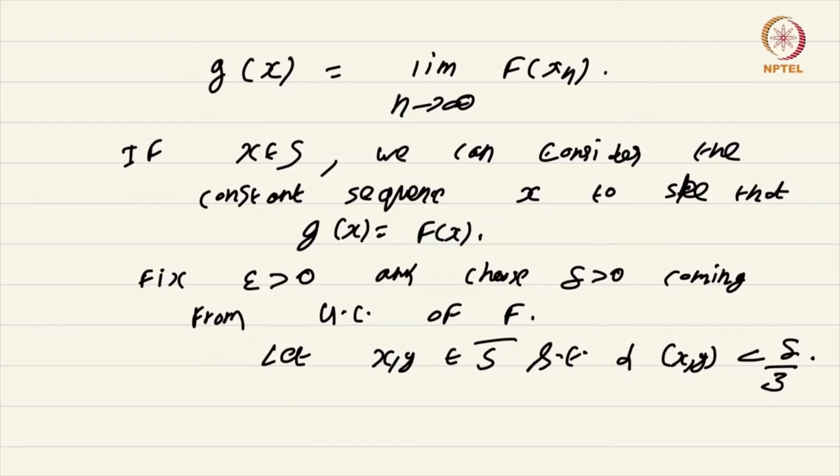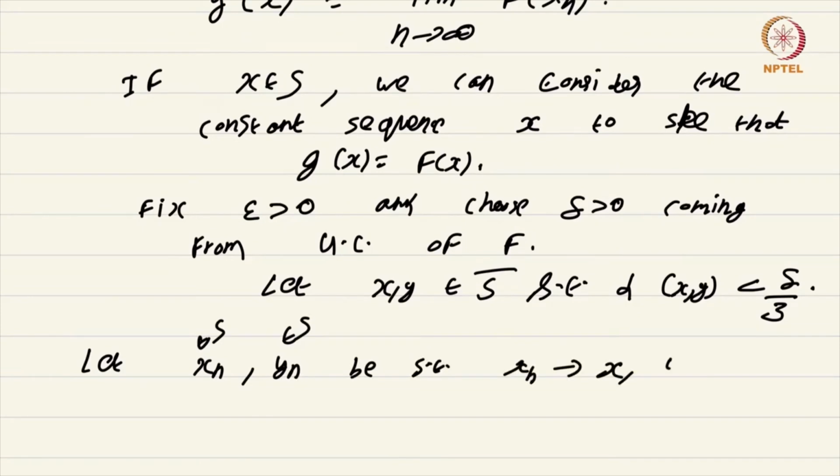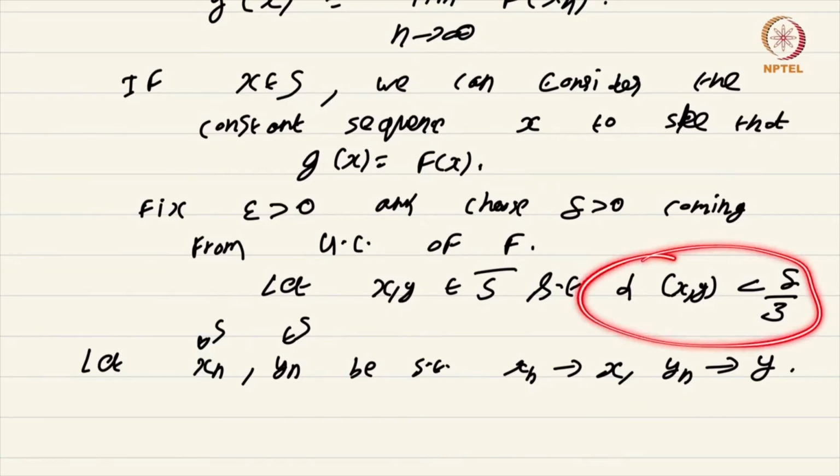This is a standard argument that should be familiar to you by now. Anyway, let's run through the argument quickly once more. Let xn in S, yn in S be such that xn converges to x, yn converges to y. You will understand in a moment why we chose this particular delta by 3 and not delta or delta by 2. Why delta by 3 is crucial.